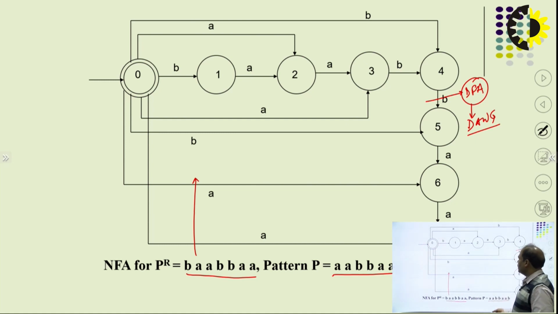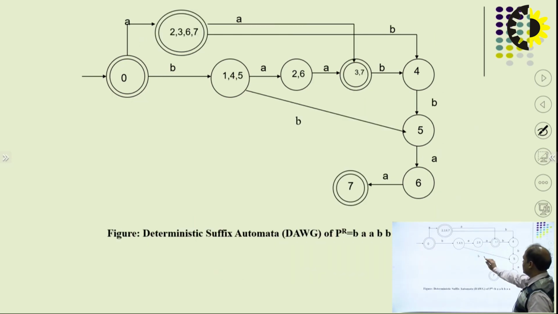After reversing it, you draw a non-deterministic automaton for it, and convert that into a deterministic finite automata to get the directed acyclic word graph. This is the directed acyclic word graph for the given pattern.